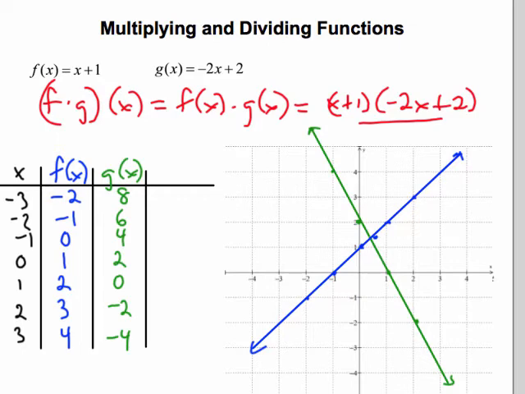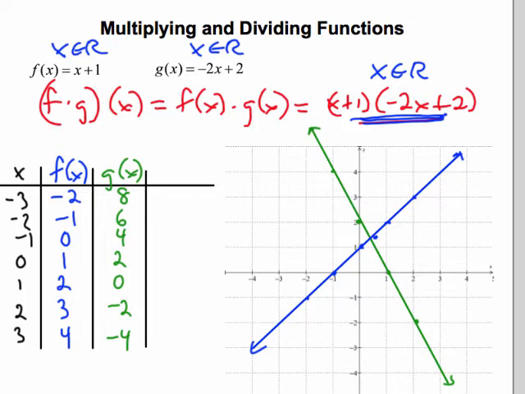Just in terms of domain, remember that the domain of my final graph, when I add, subtract, or multiply, is the overlap of the two original graphs. And so my domain on my lines we know is all reals for both. And so the domain on my final graph will be the same, as we would expect with a parabola.